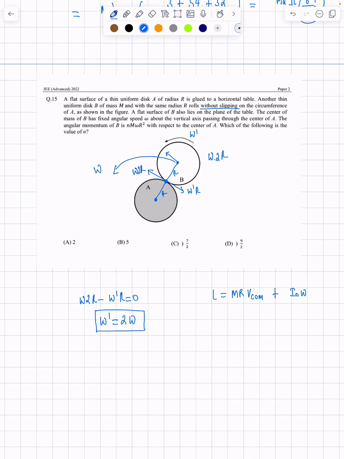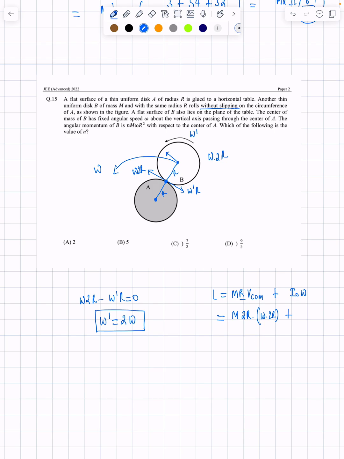We can just plug in the values. So m is m and r is the distance from the point about which the angular momentum needs to be calculated, which is the center of disk A. The distance from the center of A to the center of mass of B is 2r, and the velocity of the center of mass of disk B, as we said earlier, is omega times 2r.